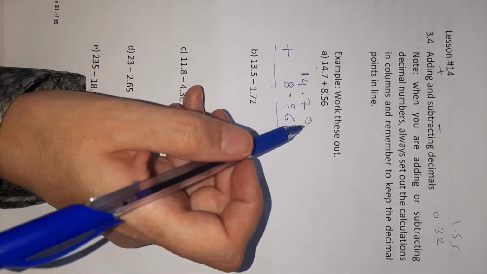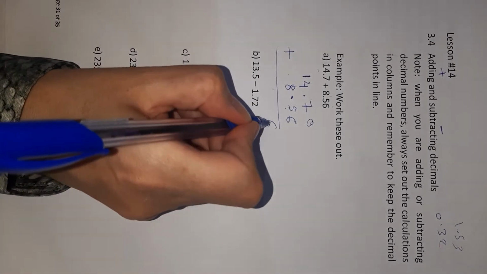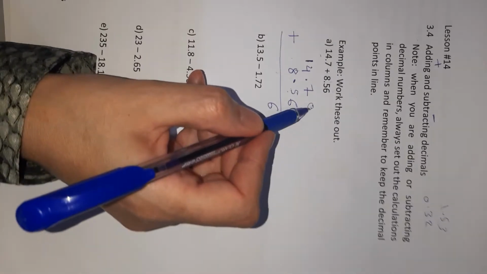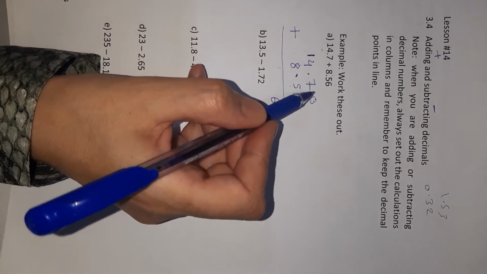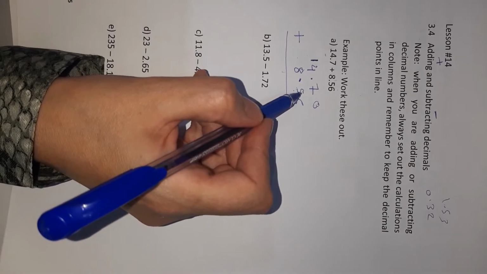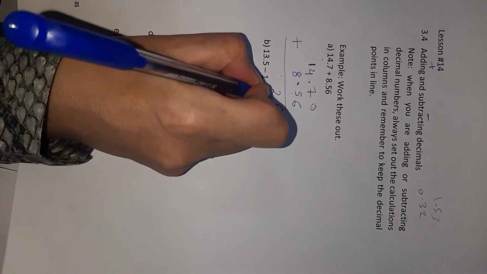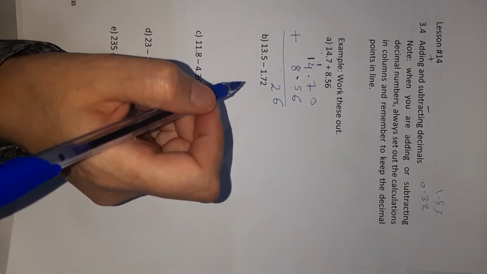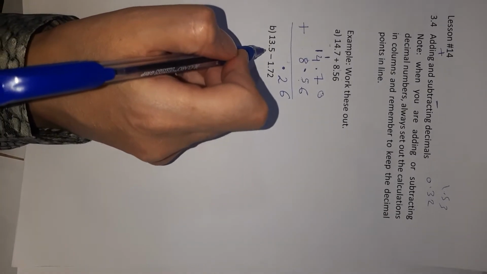So how can I add now? Start with the hundredths column, 0 plus 6, which is 6. Here the blank space means 0. Next add the tenths, 7 plus 5, which is 12. Write down the 2 and carry the 1. Put the point down, bring the point down.